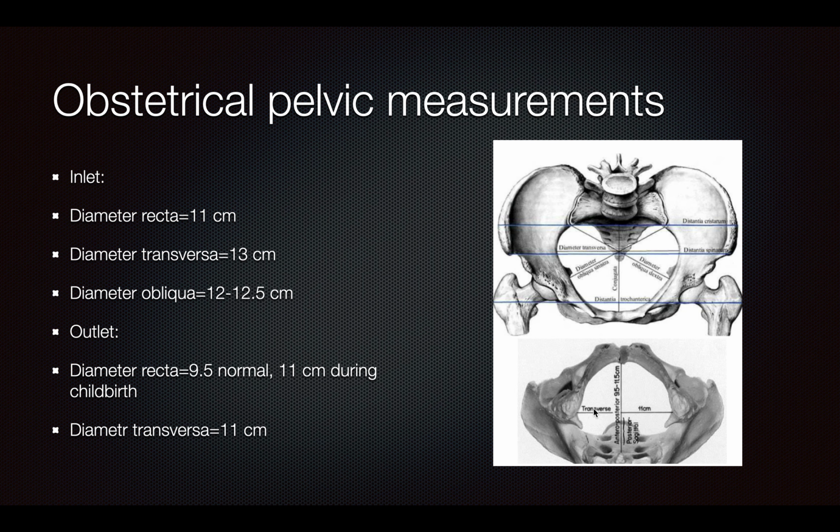the diameter recta normally is only 9.5 centimeters, but it can increase to 11 centimeters during childbirth. And then the diameter transversa is going to be 11 centimeters, so making it almost circular and round.